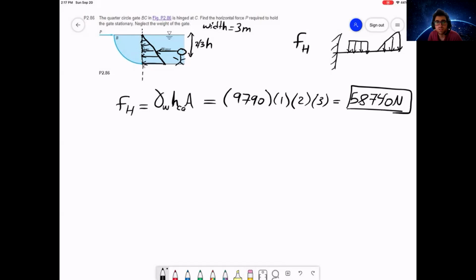What's causing this vertical component we're going to calculate? So we have this vertical component right here. Guys, you can guess.